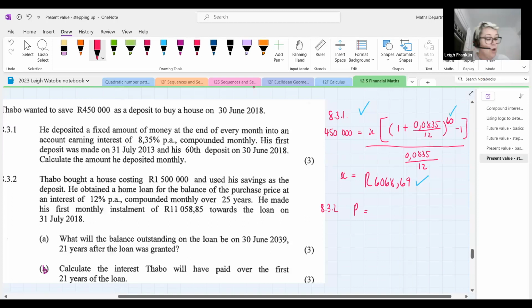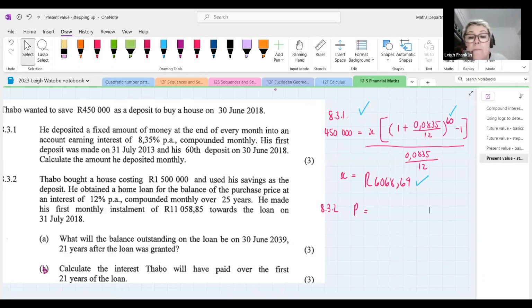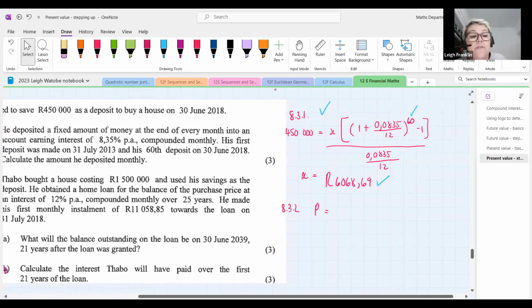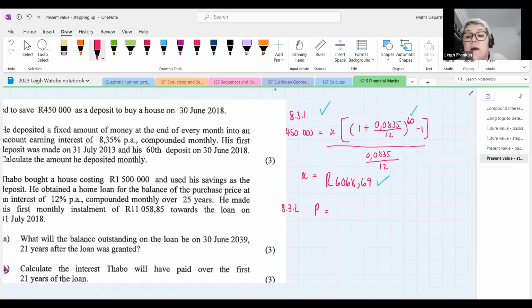So if we use the present value formula, payments that still need to be made. He is paying 11,058 Rand and 85 cents a month.